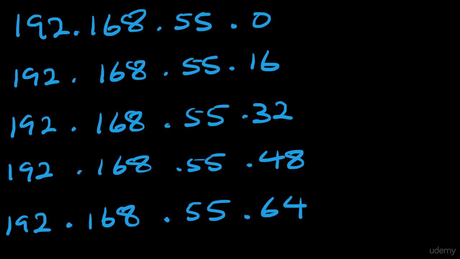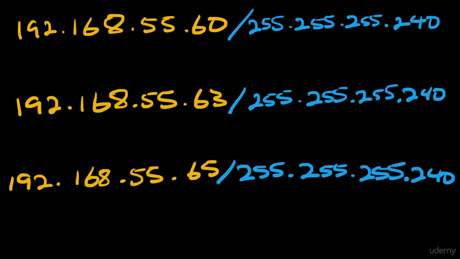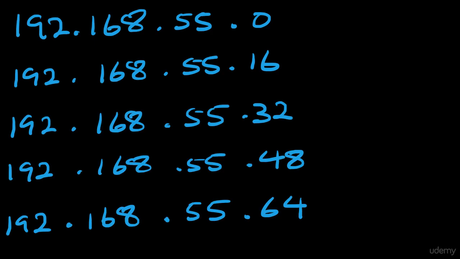Let me just flip back here to our IPs. The IPs we were interested in are 60, 63, and 65. I can actually stop right here. Let's take a look at where those lie. You can actually see it quite clearly. 48 to 64 has 60.